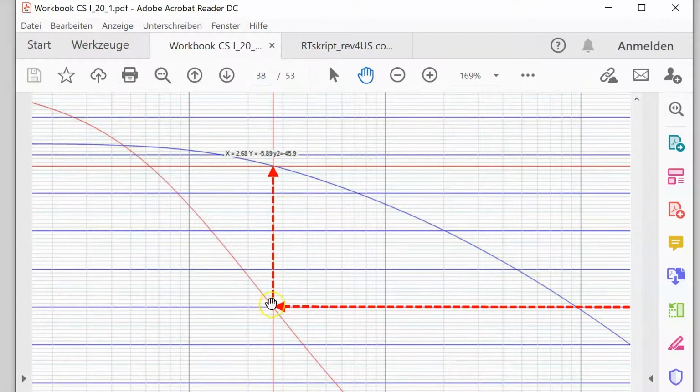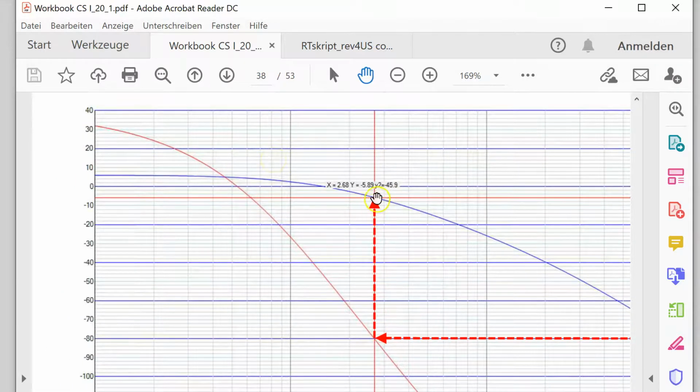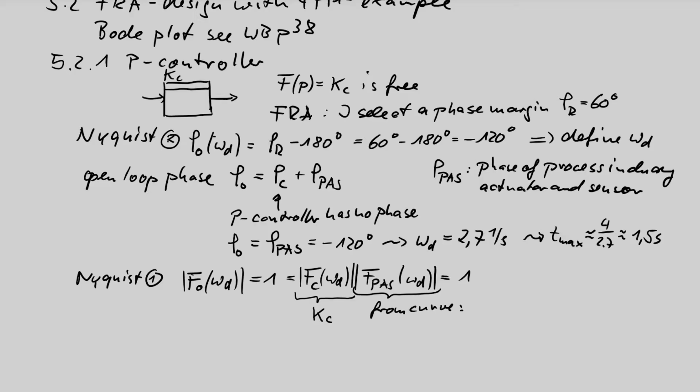So at the cross point of the phase at -120, I go now up to the magnitude curve and have to read now the value at my left axis. And you see in this case, this cross point ends up in a scaling. If this is 0, this is -10, this is -6. So from curve, I read -6 dB.